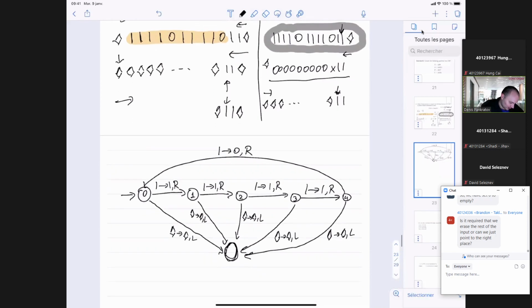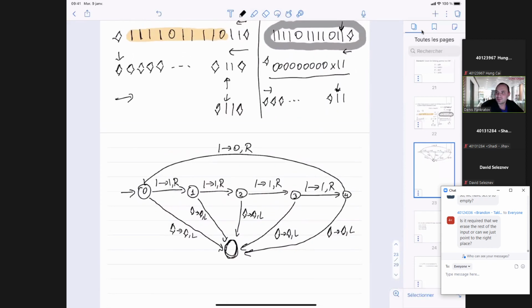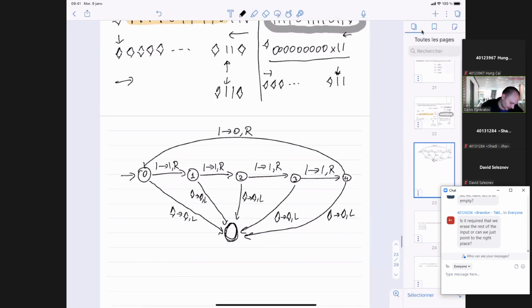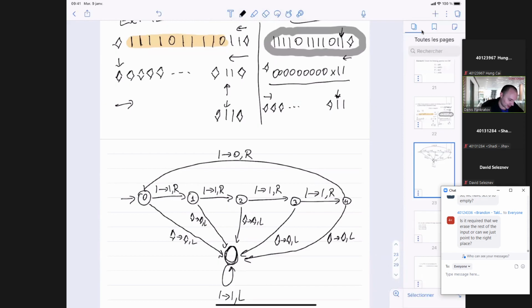So what we want to do in this state, we want to skip over the ones until we reach the first 0. So we can either reach a 0, or if a number was less than 5, we would reach a blank. If we reach a blank, then it means that we already have an output. If we reach a 0, we need to exchange it for an X.